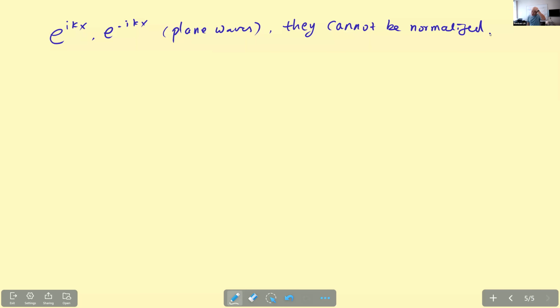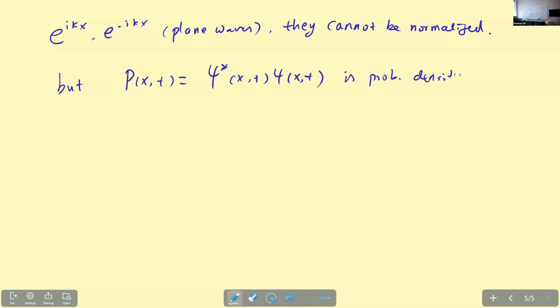But we know that any wave function, P(x,t) should equal ψ*(x,t)ψ(x,t). It's just a probability density distribution. So we should have the integral of P(x,t) dx equal to 1.